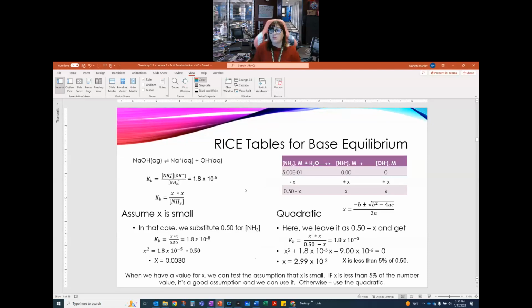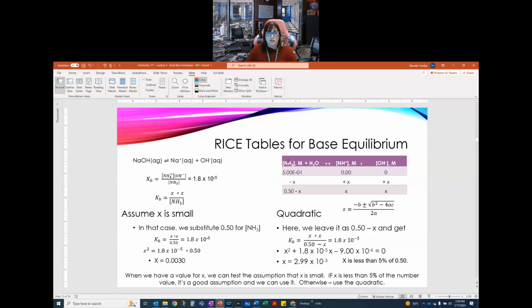We can also set up RICE tables for base equilibriums. So if I have the reaction of NH3 with water going to NH4 plus and OH minus, I get a Kb equal to NH4 plus times OH minus over NH3. Kb for that is 1.8 times 10 to the minus fifth. That gives us a Kb equal to X times X over NH3.